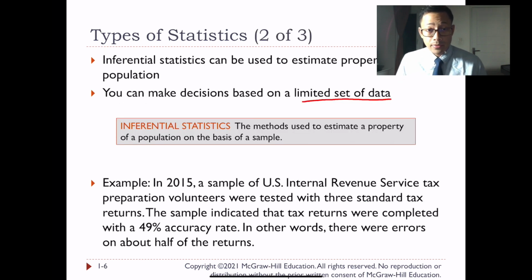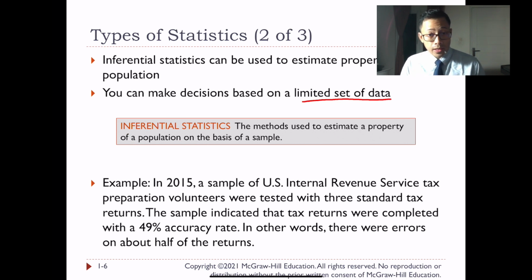The second type of statistics is called inferential statistics, and inferential statistics can be used to estimate properties of a population. Again, this is something about the population. Now, it really depends on the population itself. The population could be something quite small, for example, all the students in this statistics course.